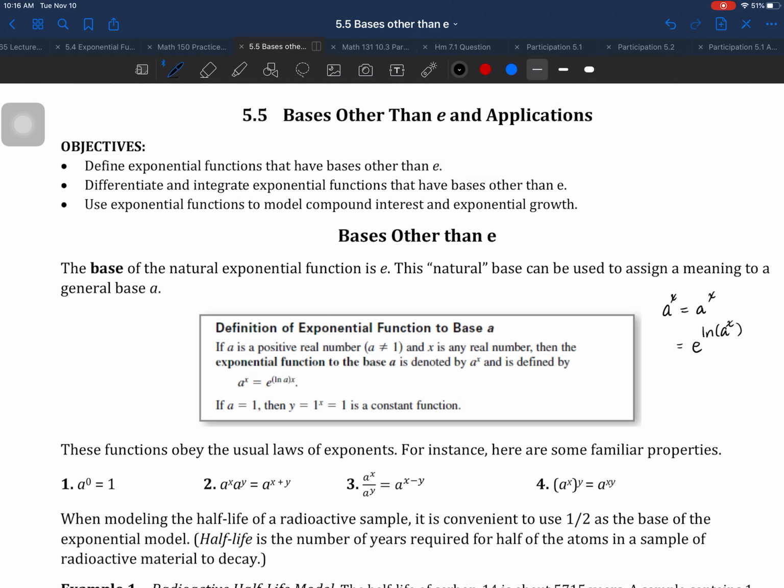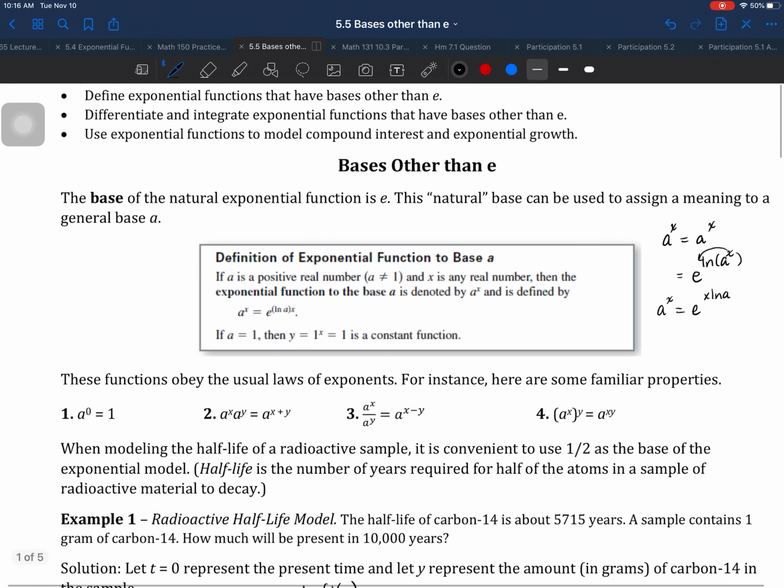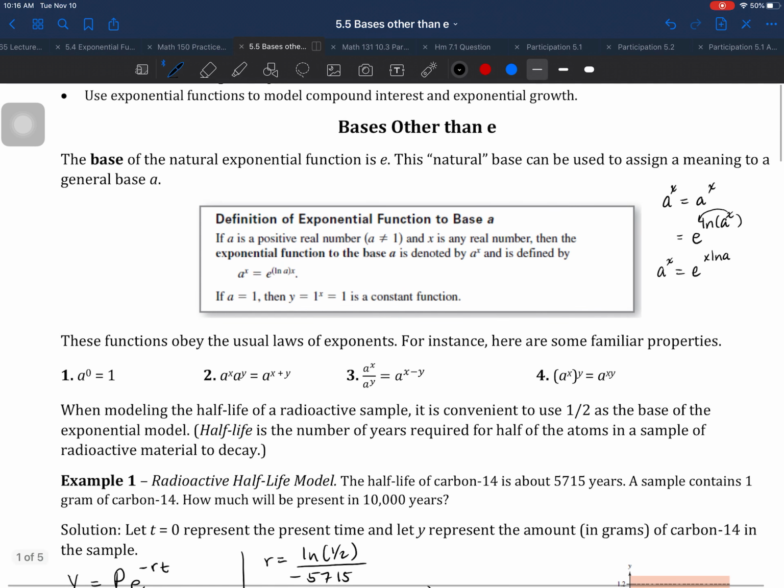Now, because this is the natural log over here, I can put that in to the natural log of a times x, right? So that's still the same thing as a to the x. I'm just doing a manipulation of the algebra of the natural exponential. The reason why we're connecting this will make more sense in a second.